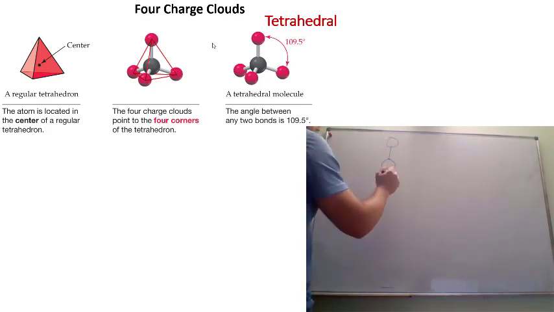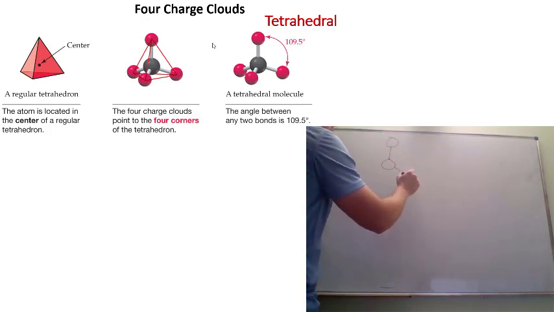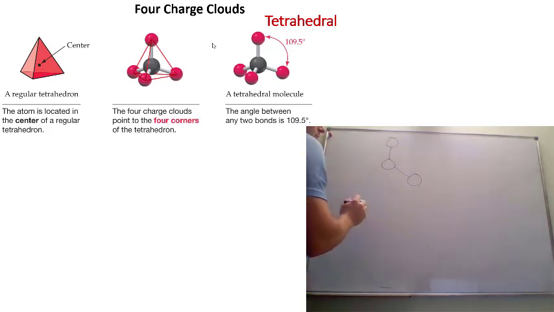Okay, so we have one bond up in the plane of the board, one bond coming out in the plane of the board. And then we have to have an orientation talking about going into the board and out of the board. So the bond going into the board, we're going to draw as a dashed line. And then a bond coming out of the board, we're going to draw as a wedge.